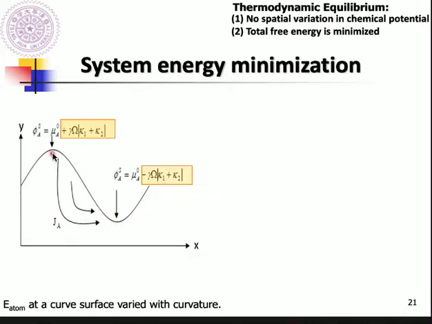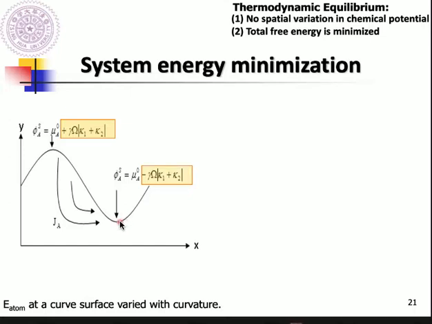So now we find that the chemical potential of the atom here and the atom here is different. So there must exist a spatial variation in chemical potential.